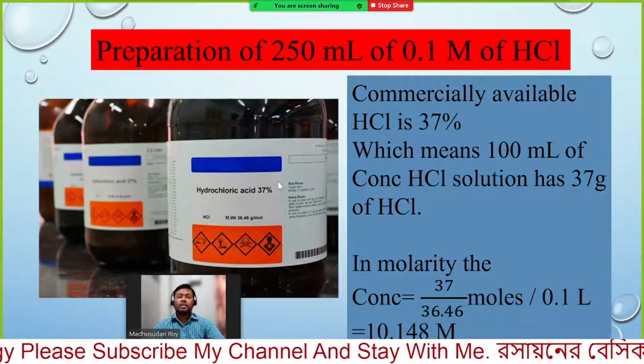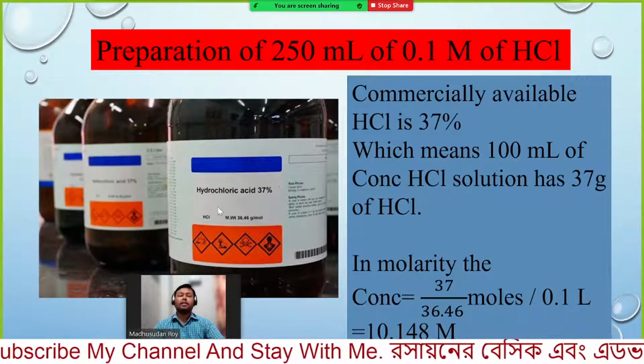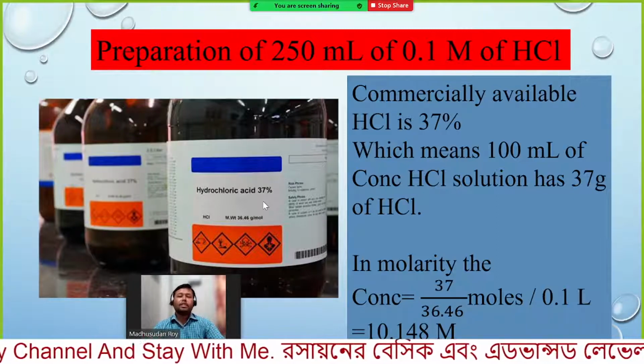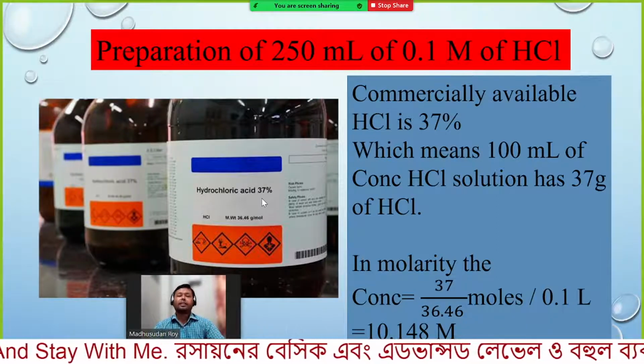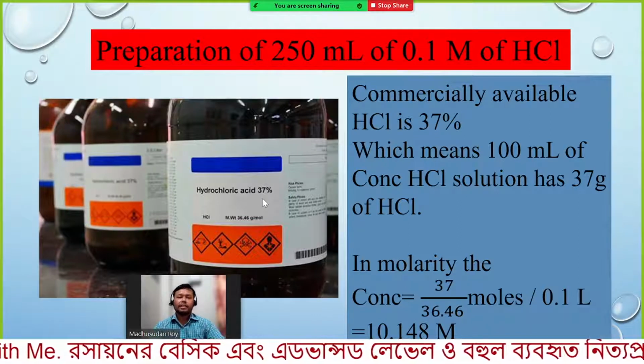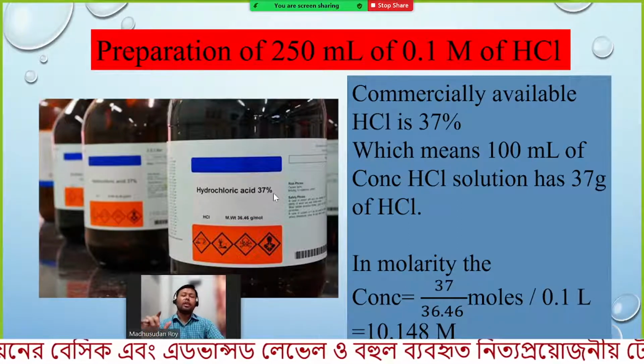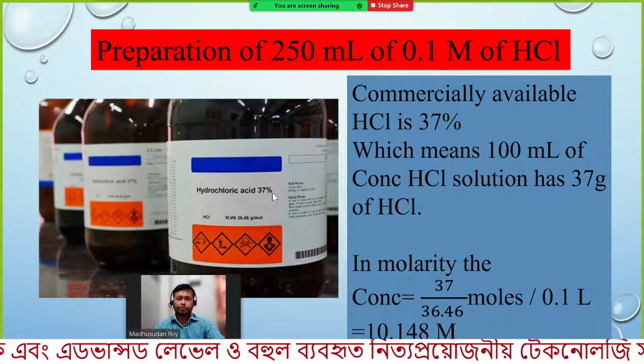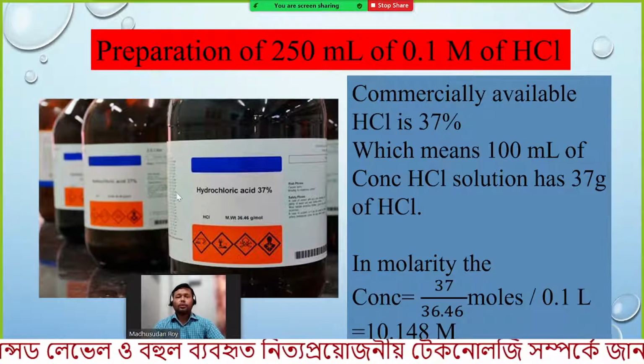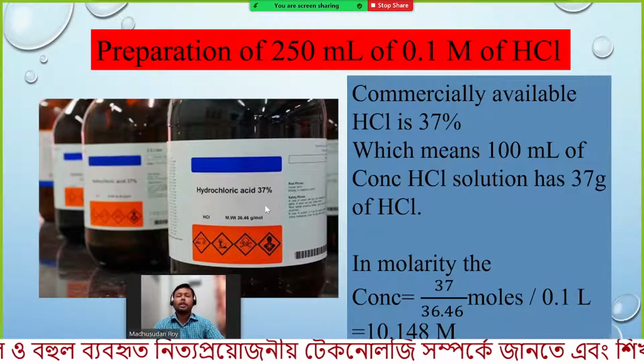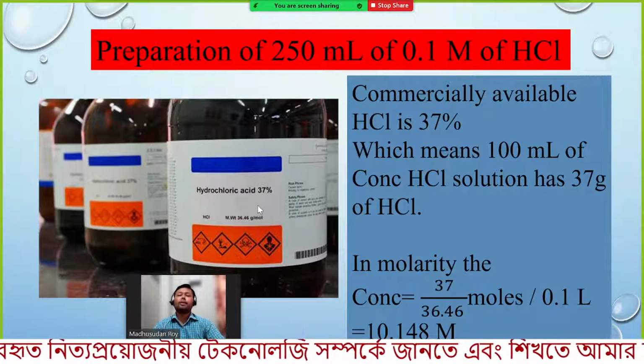So concentrated hydrochloric acid means 37% HCl and the rest, 63 milliliter, will be water. Now you have to find out the concentration of hydrochloric acid.